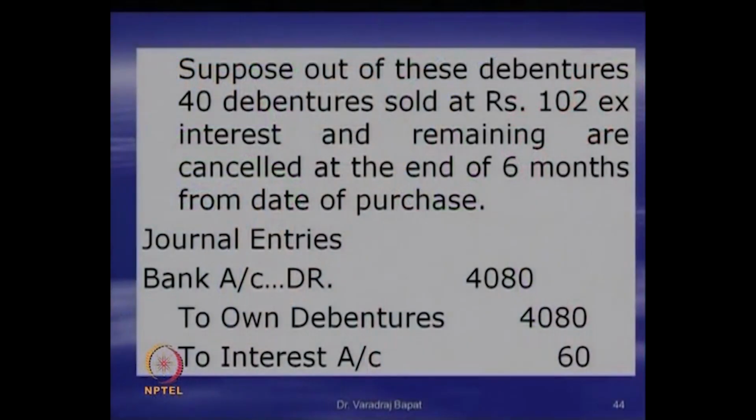We are going for 40 debentures. So, 40 into 9, for the whole year it would have been 360. Now, here the proportionate interest taken is 60. So, bank account debit 4080, to own debenture 4080 and to interest 60.